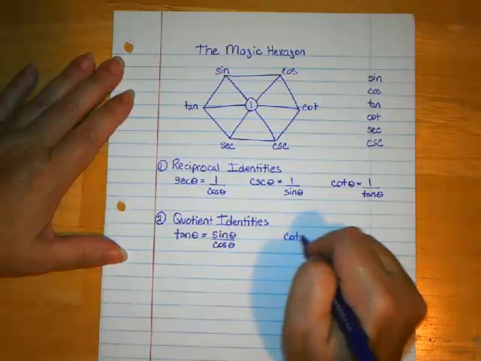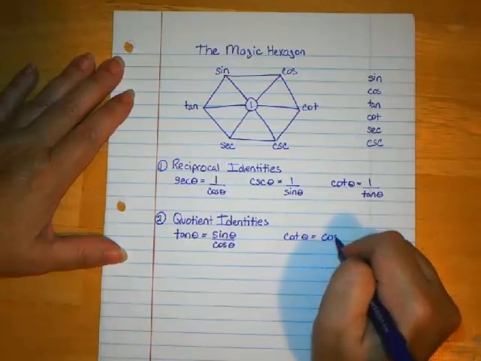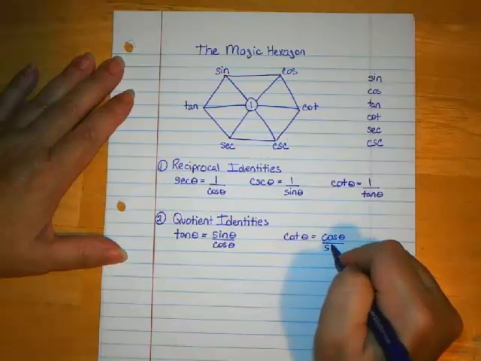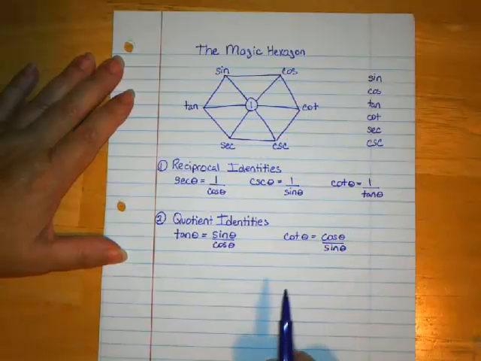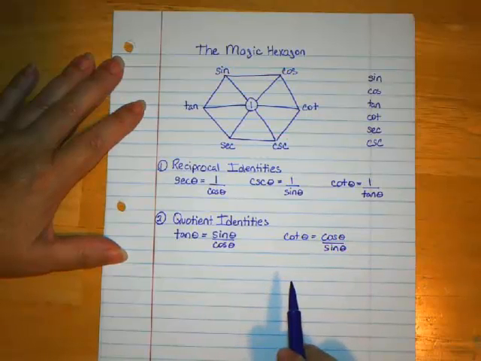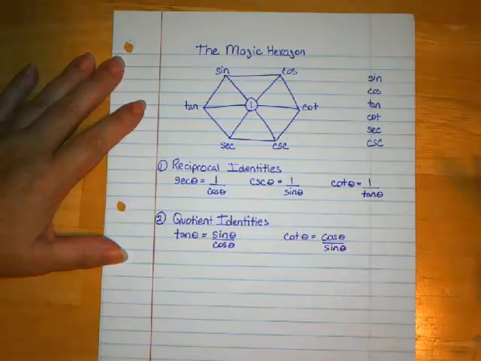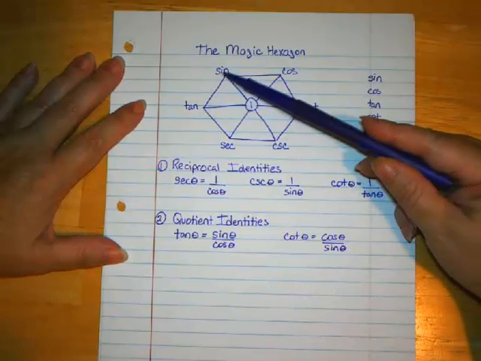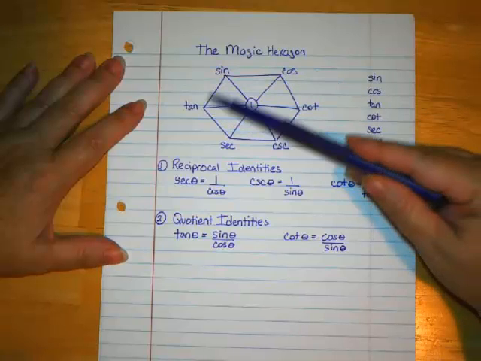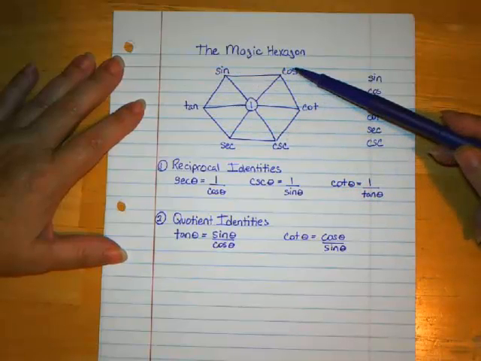Now, look at the hexagon and see where these are in relationship to each other. Tangent equals sine over cosine, so they're following a path along the outside of the hexagon. Cotangent equals cosine over sine, so the cotangent identity is actually going in the opposite direction.